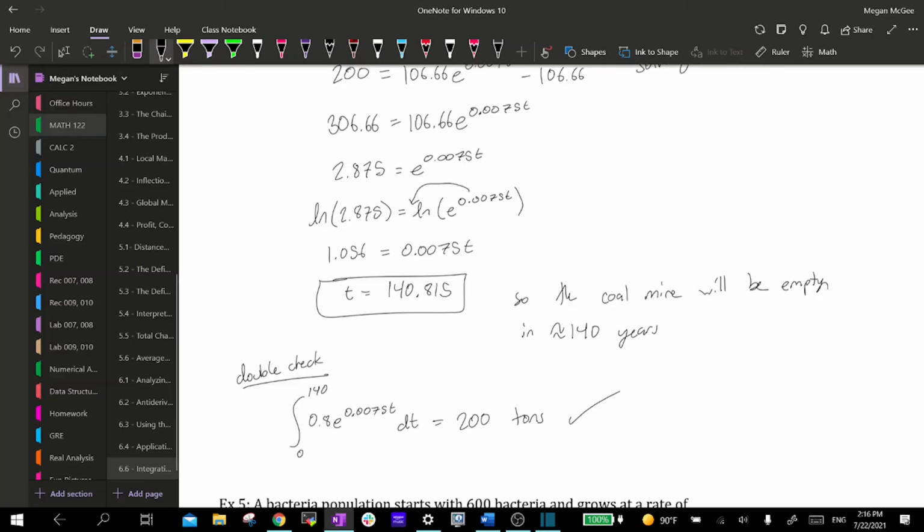So it does check out that it's going to take 140 years to finish mining all the coal.